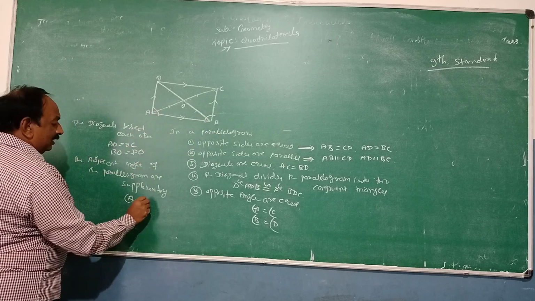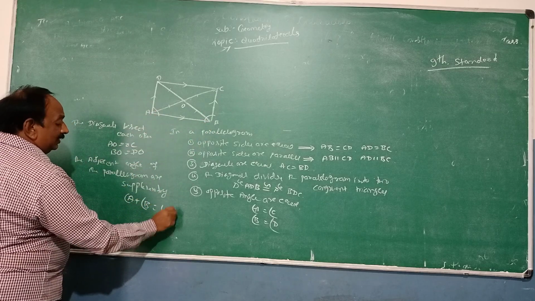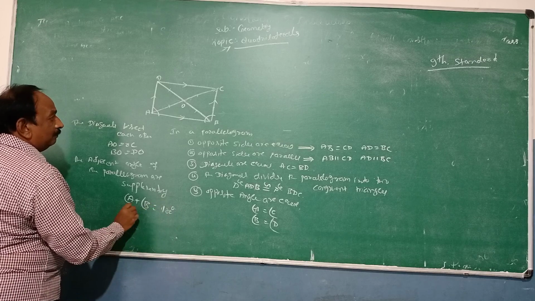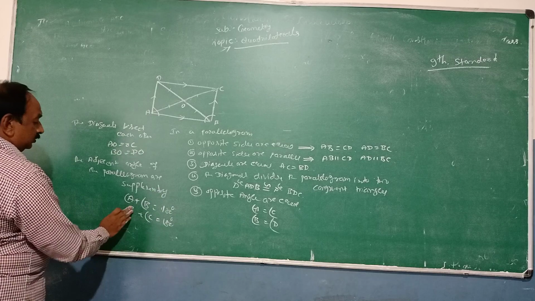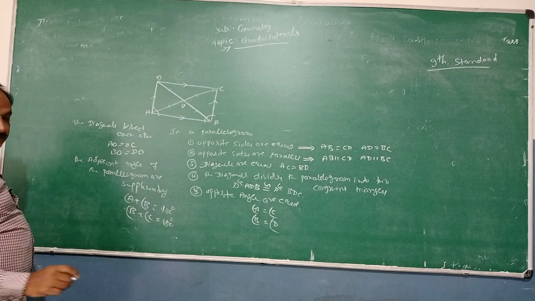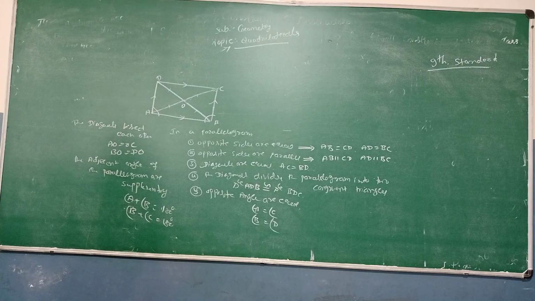Angle A plus angle B is equal to 180 degrees, angle B plus angle C is equal to 180 degrees. So these are adjacent angles.